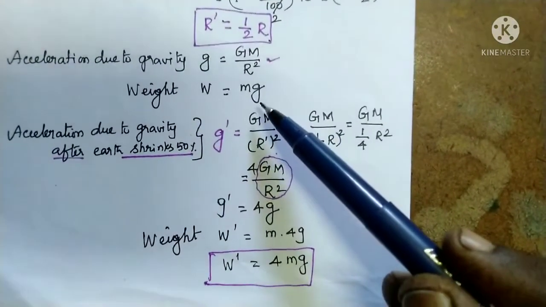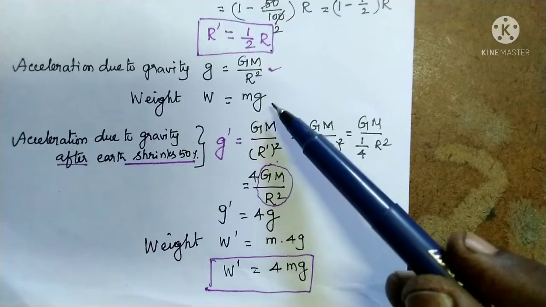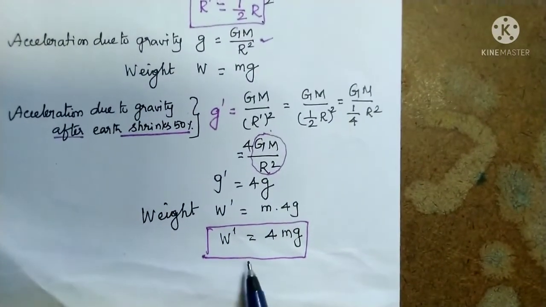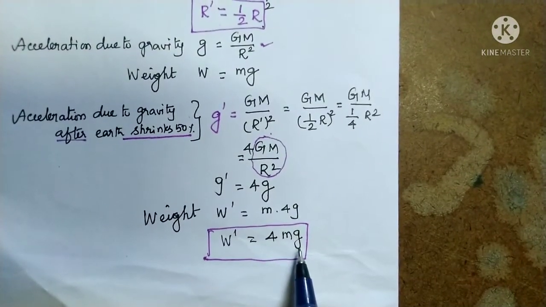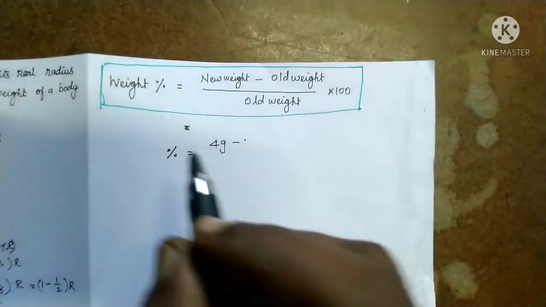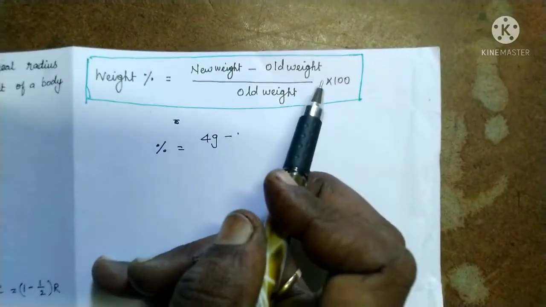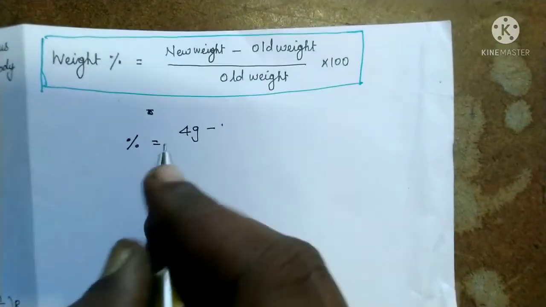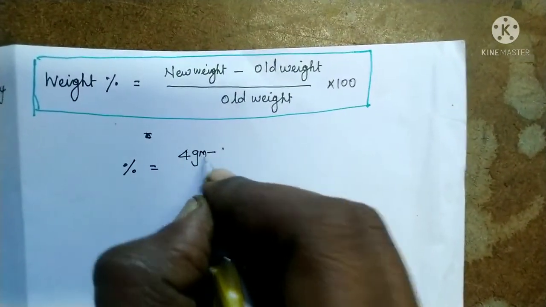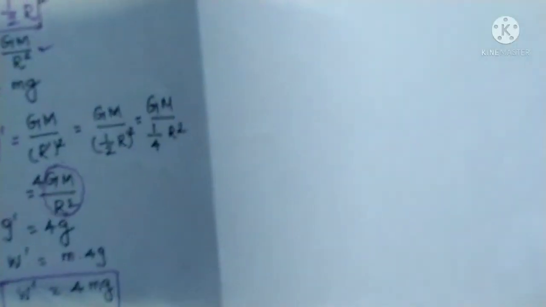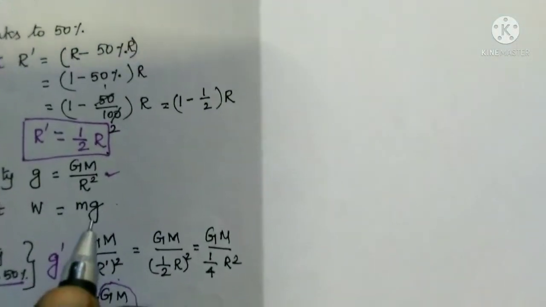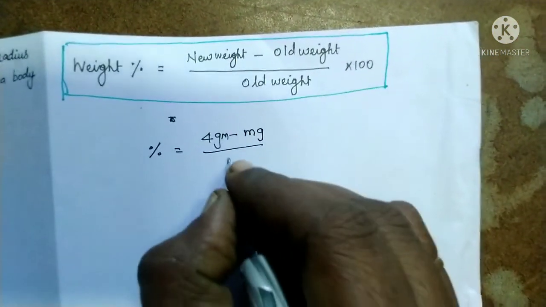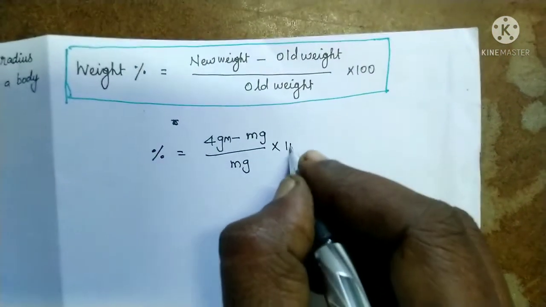In the beginning, the weight of a person on the Earth is m into g. When the Earth shrinks to 50%, the weight of the person W dash is equal to 4 into mg. The formula to find the weight percentage is (new weight minus old weight) by old weight into 100. So the percentage is (4 mg minus mg) by mg into 100.